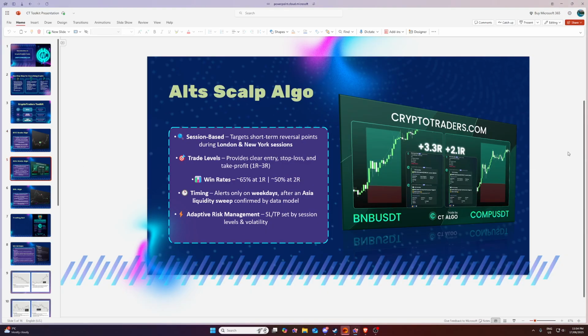The old scalp algo scans the altcoin market for trade opportunities. So not just Bitcoin, but also alts and only altcoins.